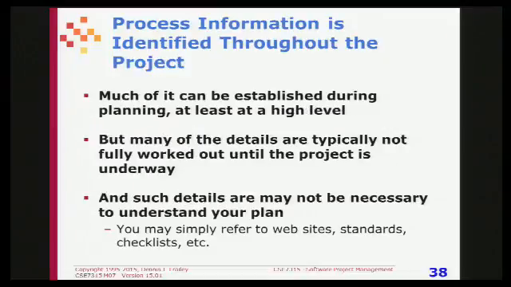Process information is something that you identify throughout the planning process, and many of the details are not in the plan, they are in supplementary documents. And in the case of this course, you can just assume there's a document that describes it, but you have to list the document. For example, we're going to use a particular type of testing, and the details are described in our testing document.